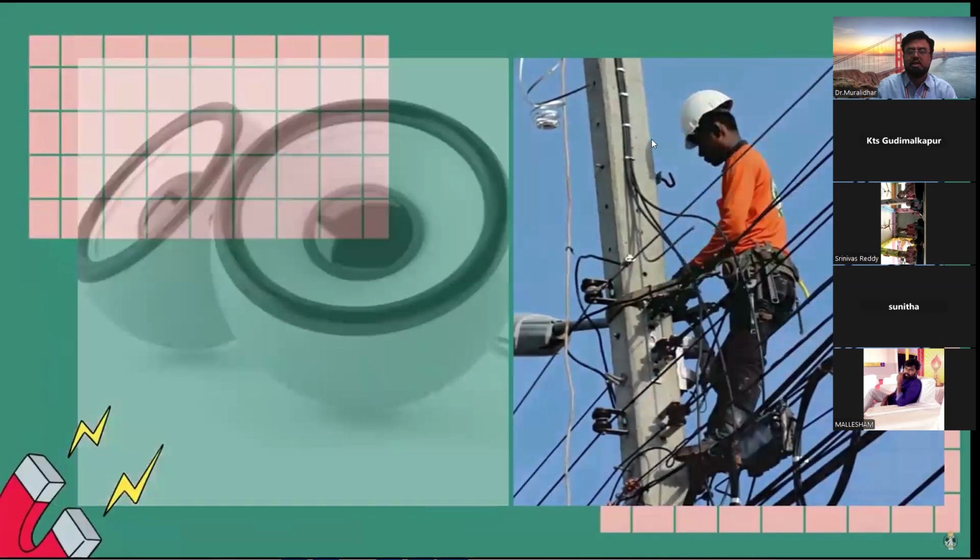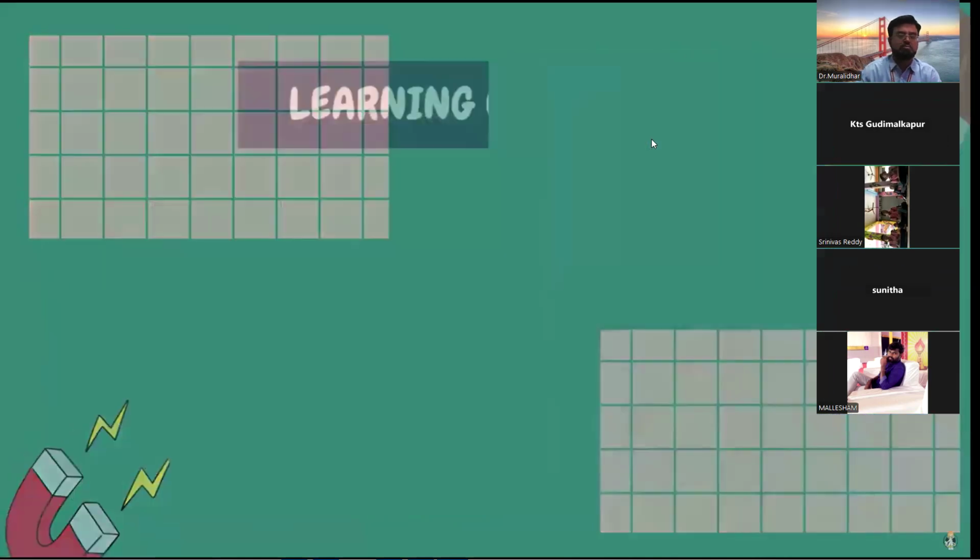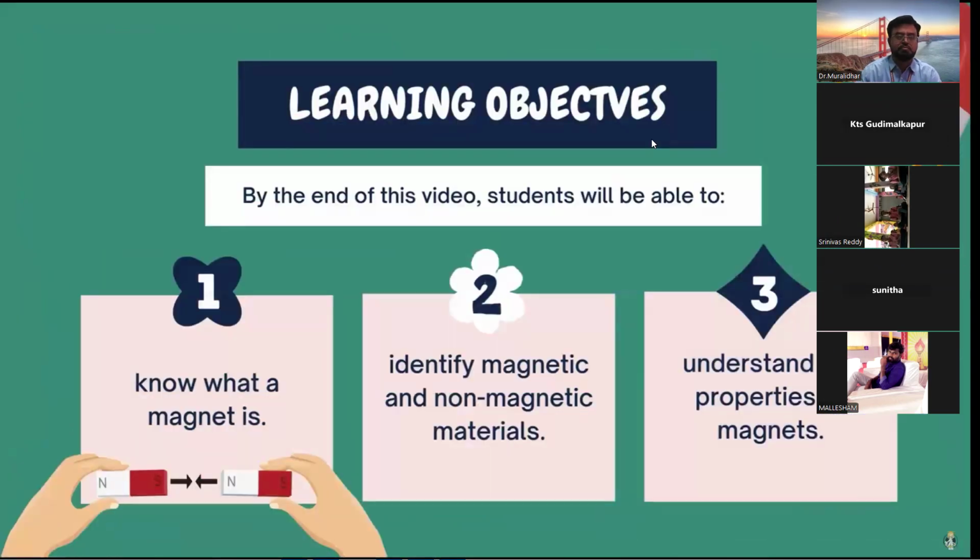Everywhere you can find the magnet. Today, we are going to learn about magnets. And by the end of this video, students will be able to know what a magnet is, identify magnetic and non-magnetic materials, understand the properties of magnets.